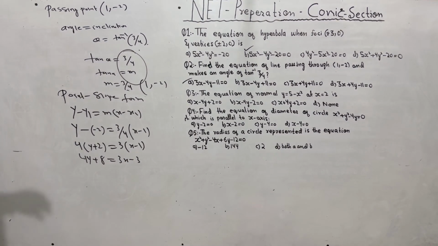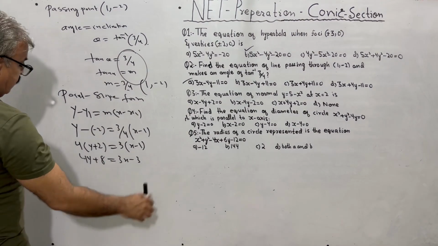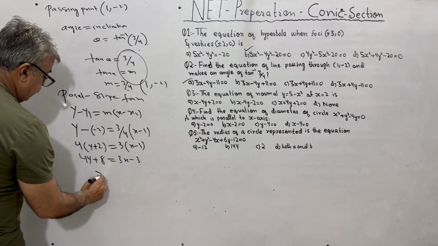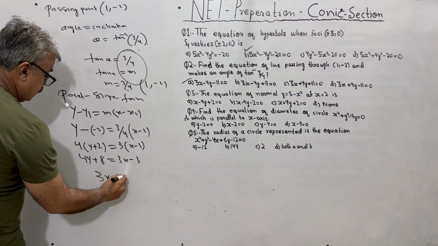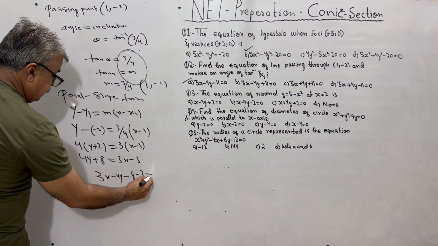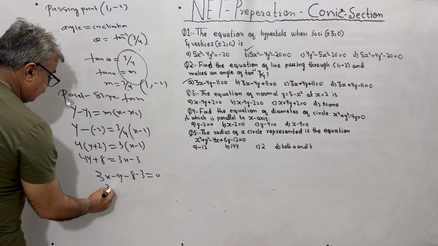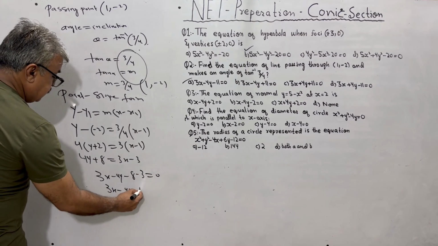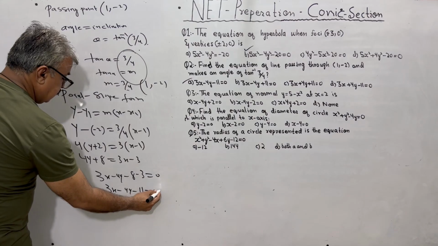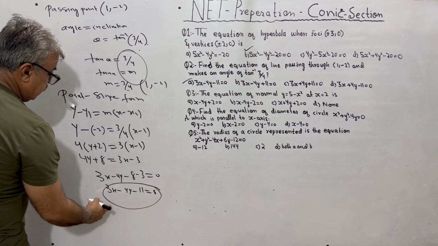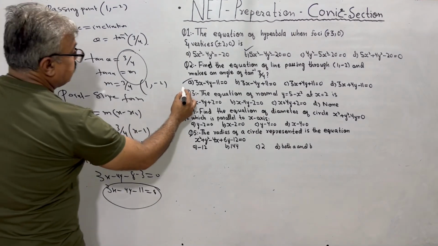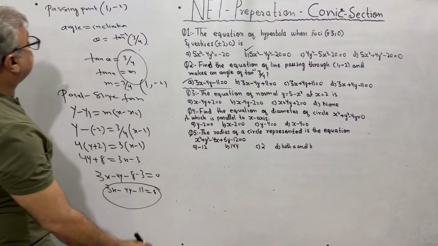Write this line in standard form: shift 4y and 8 to the right hand side, it will become 3x minus 4y minus 8 minus 3, that is minus 11. That is our required result that we have arrived at after plugging in the values.